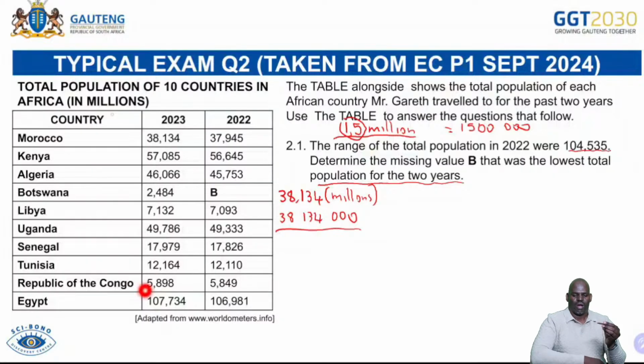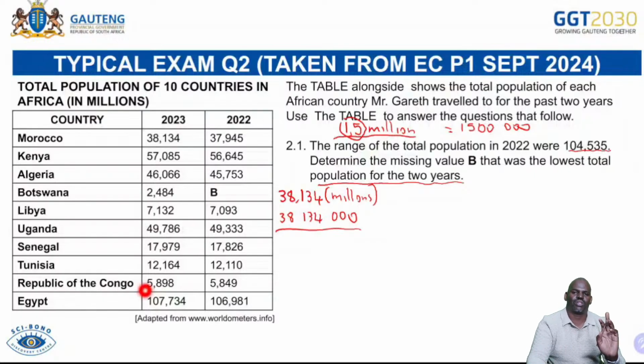Okay, then let's go back to our question. The range of the total population in 2022 was 104,535. Now, the values in the table are written without millions. So whatever we have to calculate that is in the table, we have to write it without millions. So we are going to forget about millions for now because we are looking for the value of B.